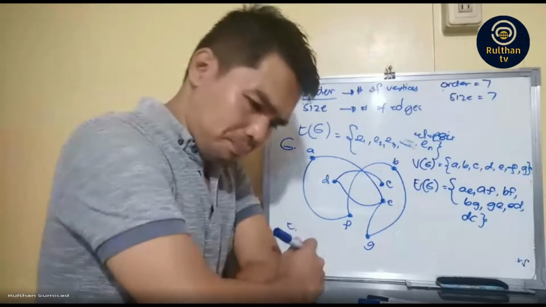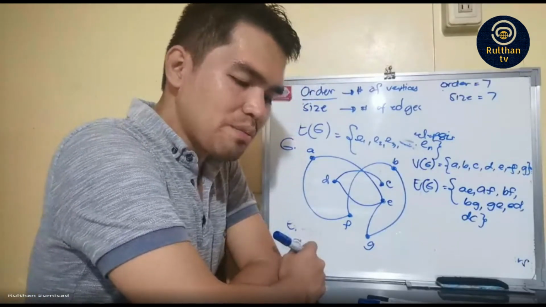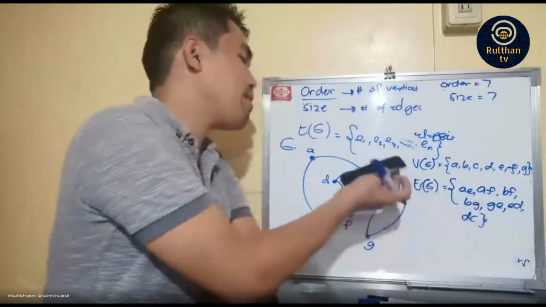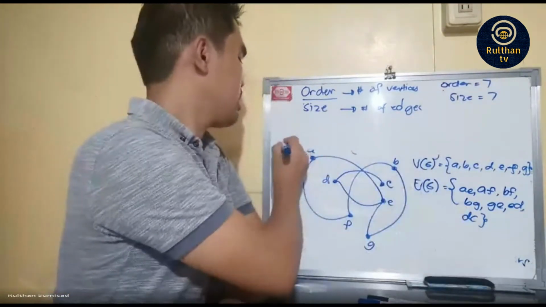Now, two vertices of a graph are considered neighbors, or adjacent.